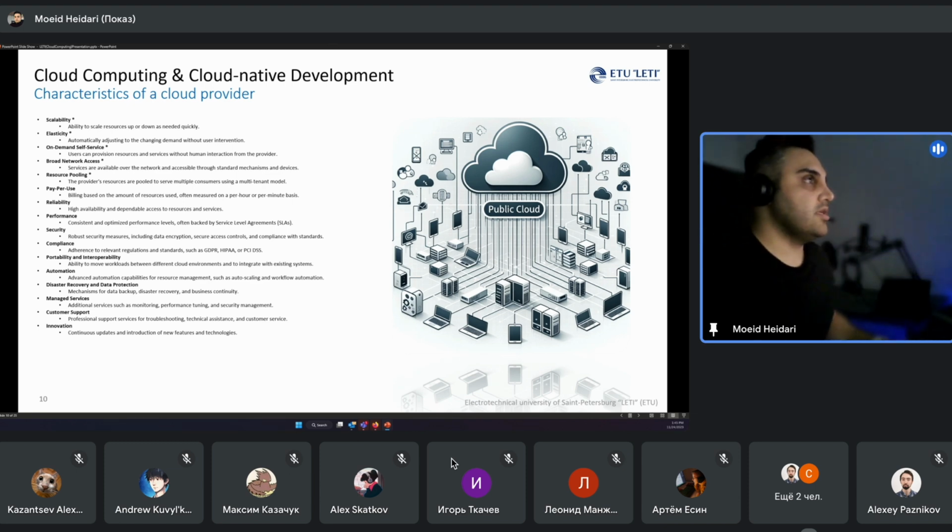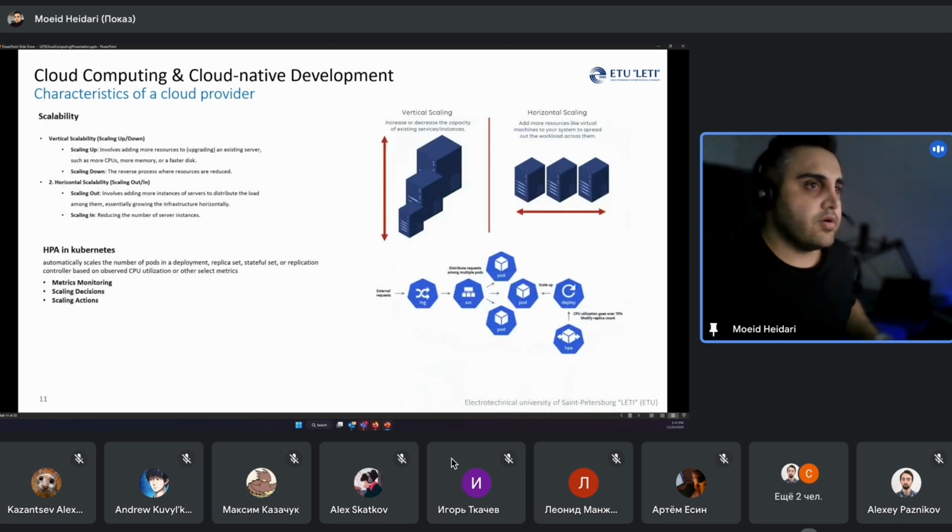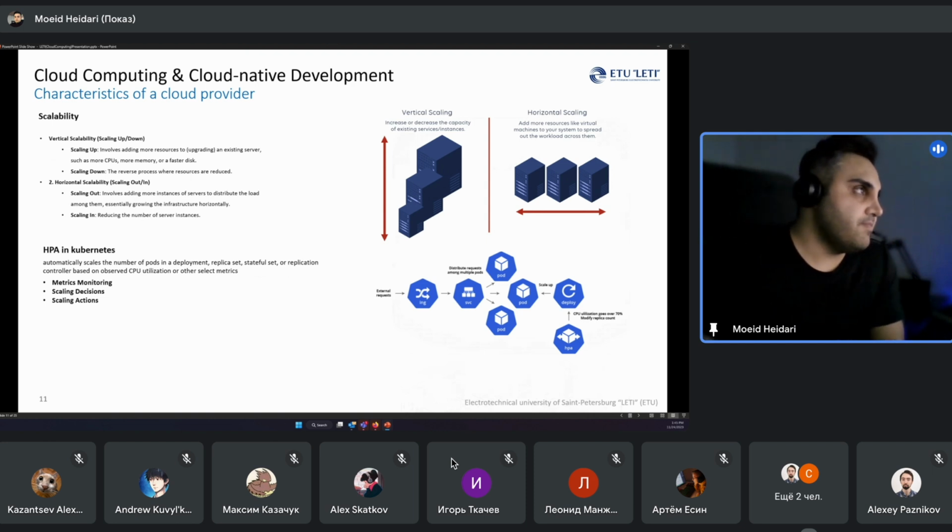So let's stick to the scalability as the first important thing. We have two types of scalability. And personally, I say that the scalability is going to happen in two levels: in the software level and in the infrastructure level, which is something that is happening in one of my recent researches.